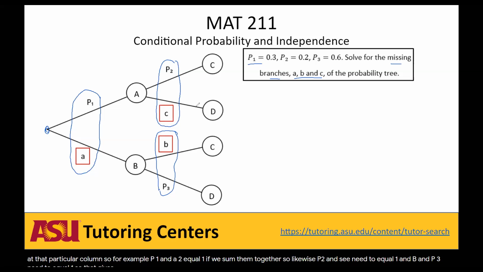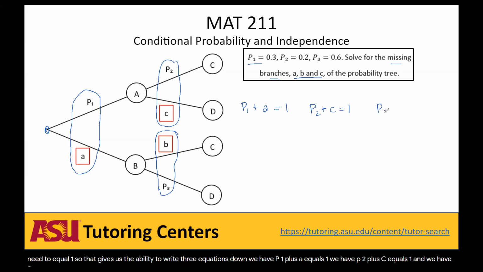That gives us the ability to write three equations down. We have P1 plus A equals 1. We have P2 plus C equals 1. And we have P3 plus B equals 1.